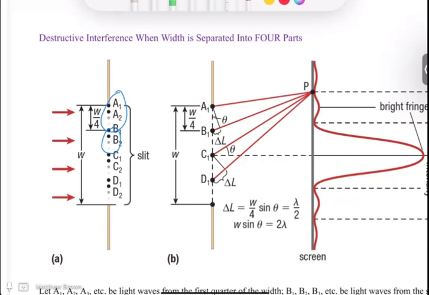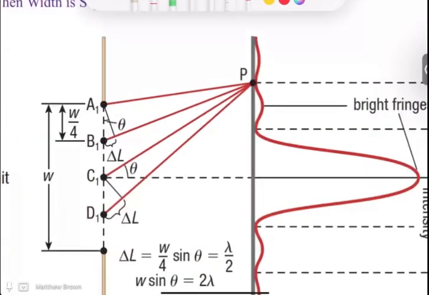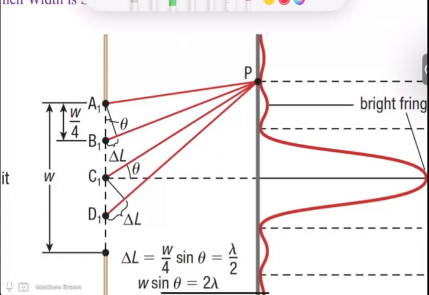And then we'll have the same thing also happening with C and D. So if we want to look for destructive interference, we'll just look for destructive interference between all the waves coming from A and B, and then that should also be the case for all the waves coming from C and D. So if we just look at A and B, again, it'd be the same thing, right? We can look at A1 and B1, and the ones from B1 will go this extra little bit delta L.